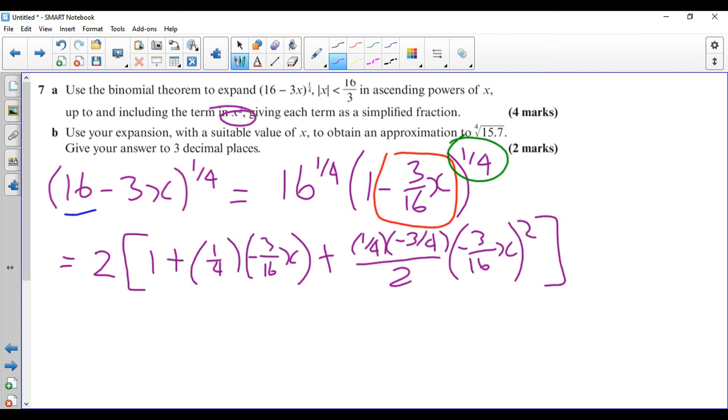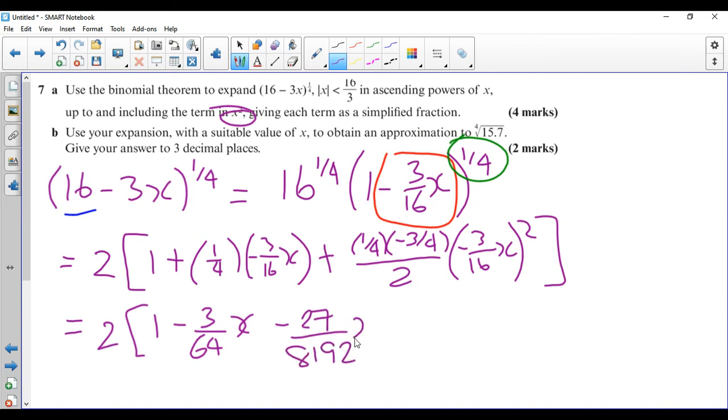Okay, so I'm not actually going to go straight and multiply this one out because there's quite a bit on the numbers and nothing nice cancelling. So I've got 1 minus 3 over 64x minus, because this next bit is a little bit fiddly, stick it all in your calculator and you get 27 over 8,192x squared.